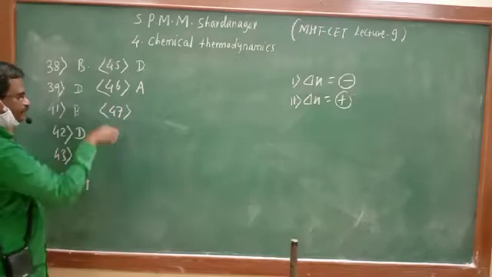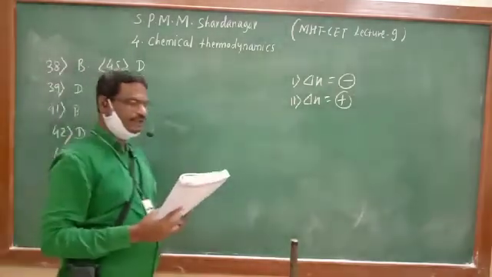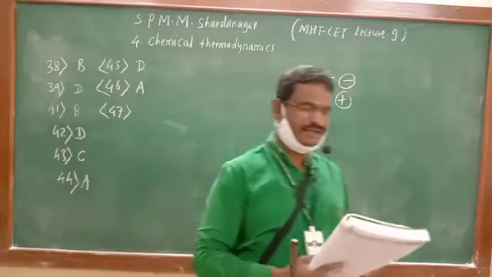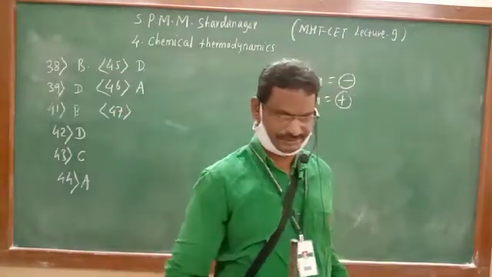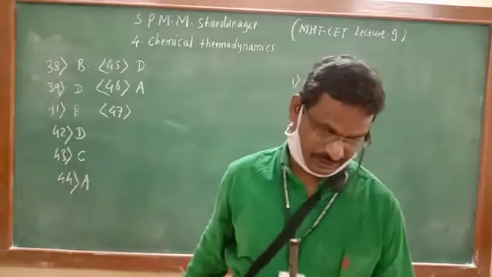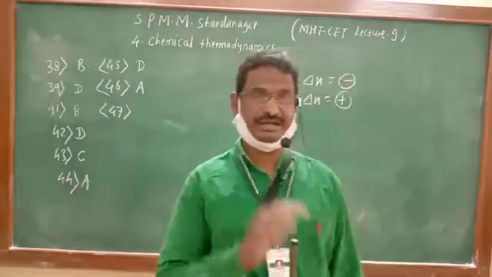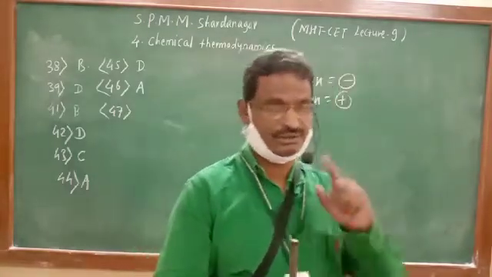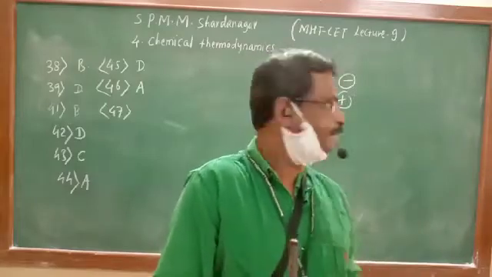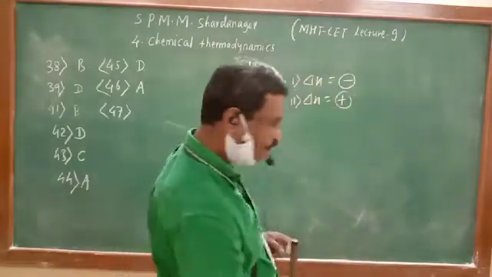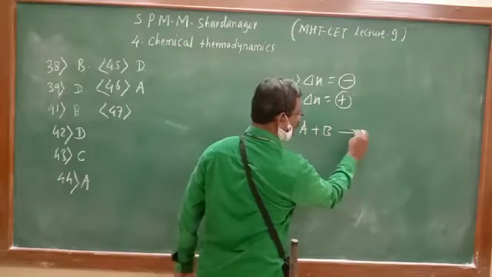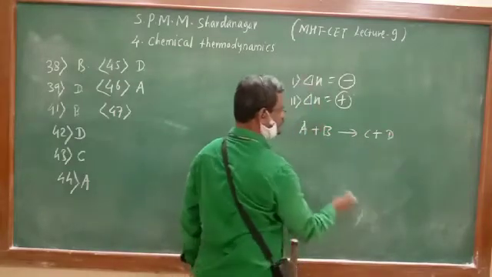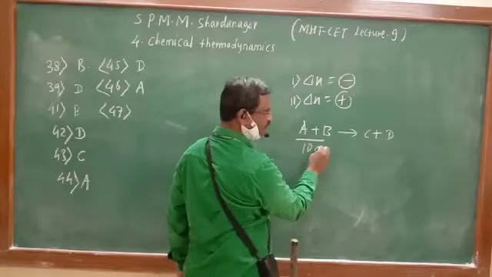Now 47. An exothermic reaction is one in which the reacting substances, which have greater energy in an exothermic reaction. That is what we have to identify. Whenever an exothermic reaction takes place, suppose A plus B is converted to C plus D, they have energy 100.